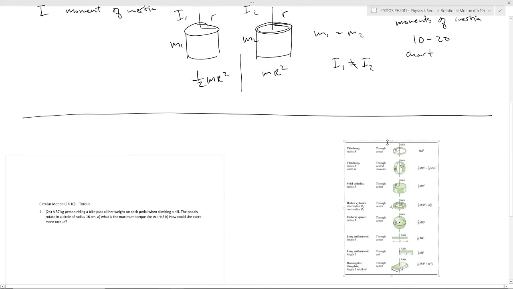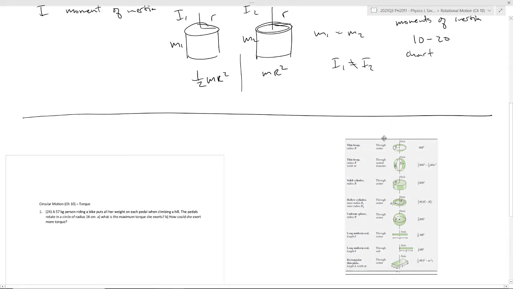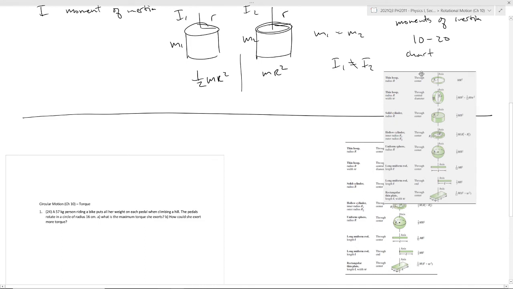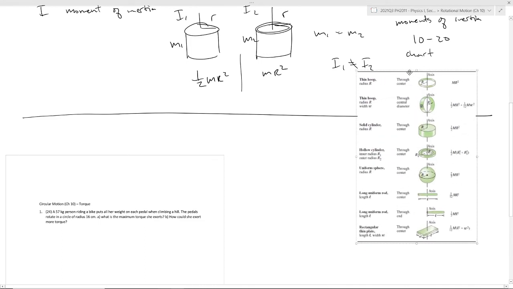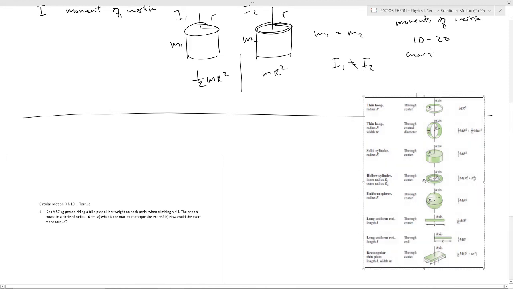It looks like this, and it gives you the moments of inertia for different shapes, for spheres and cylinders and everything. Notice a lot of them are very symmetrical objects, and that reflects the fact that those have simple moments of inertia. In general, if you wanted to calculate it for a weird shaped object, you would have to use an integral, and it would have a complicated formula for its moment of inertia.